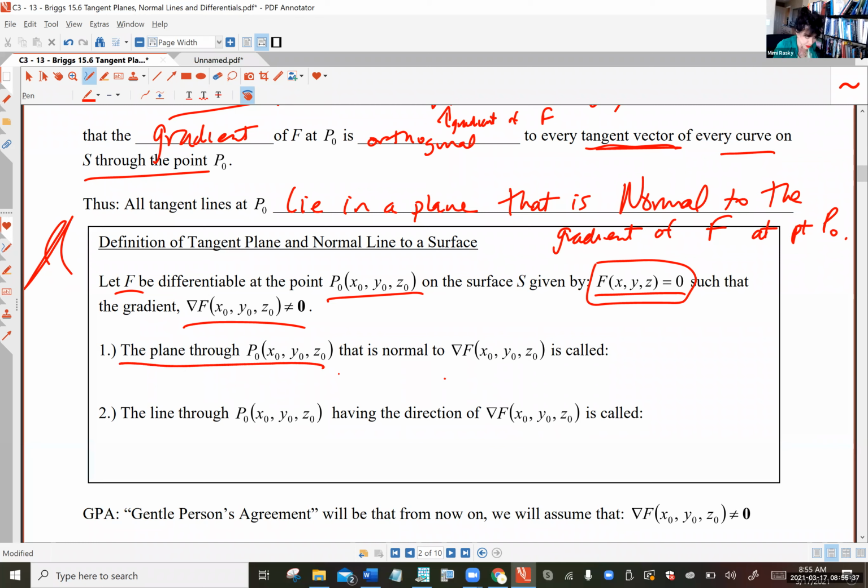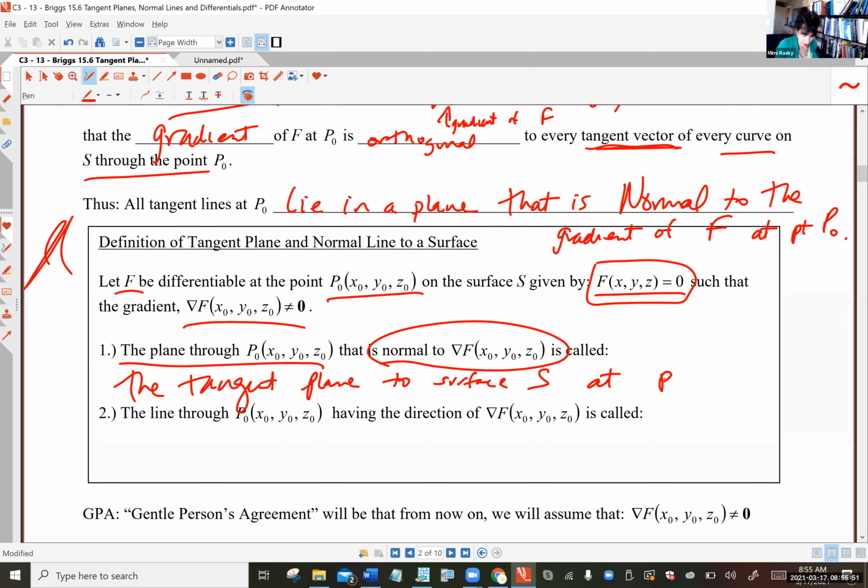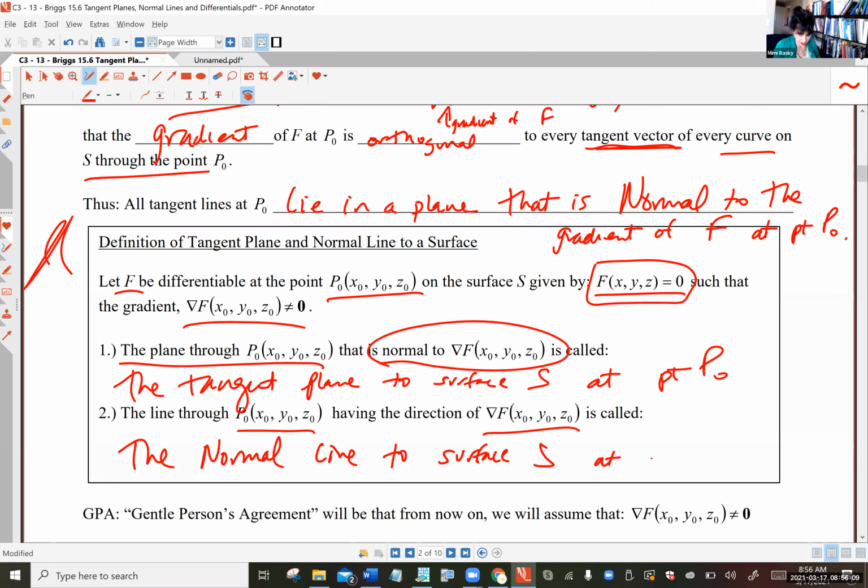Then the plane through the point that is normal to your gradient is called the tangent plane to the surface S at the point P naught. And the line through P naught that has the direction of the gradient is called the normal line to the surface S at the point P naught.